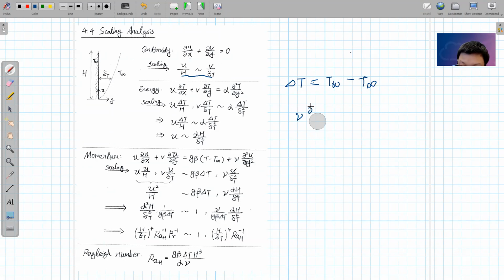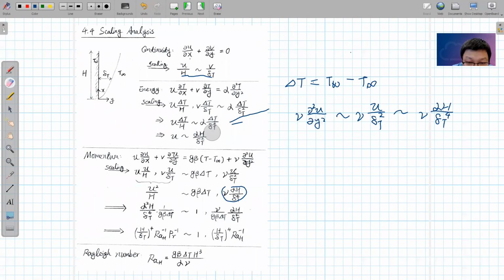For the partial squared u over partial y squared term, if we do the magnitude analysis, it will be mu times u divided by delta t squared. From the result here, we know that u is of the order of alpha times h divided by delta t squared. So you just replace u here with this result, and we will get mu times alpha times h divided by delta t to the power of 4.